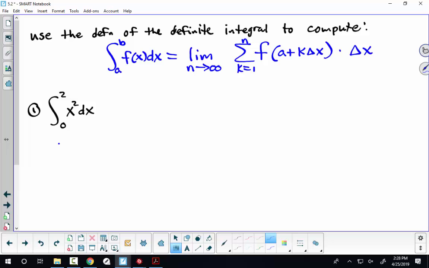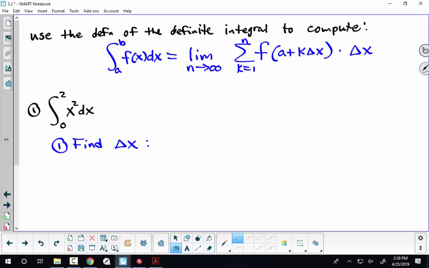So the first thing, we're going to find delta x. Notice we need delta x first because delta x is present as a multiplier of the summation, but it's also present in what we're plugging into the function. It's f of a plus k times delta x. So your first step is always to find delta x. And delta x is defined as b minus a over n.